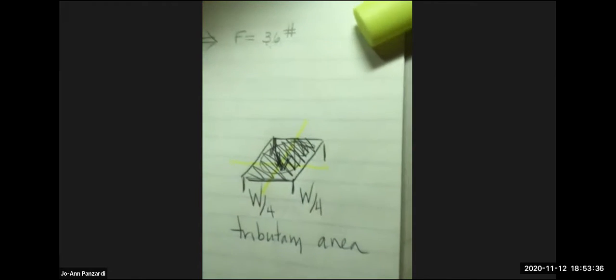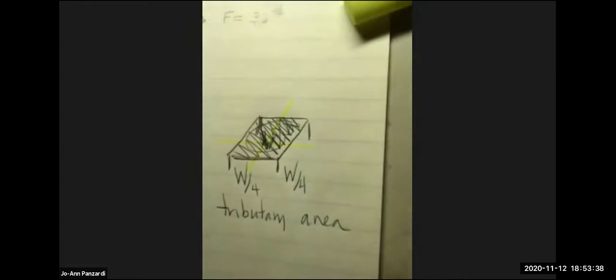You say that the weight in this area is concentrated here, the weight in this area is concentrated here, and so on for each of the four. That's how you do all building designs, because all the weight on a floor of a building is brought to the columns.